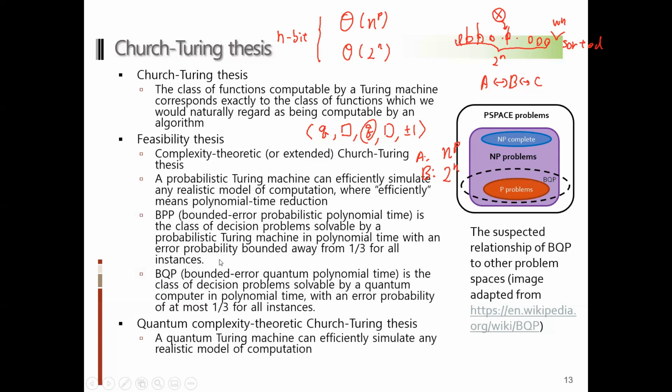The extension of this BPP is BQP, where the probabilistic part is replaced by the quantum keyword. The definition of the class is very similar: the class of decision problems solvable by a quantum computer in polynomial time with an error probability of at most 1/3 for all instances, and that is called BQP.